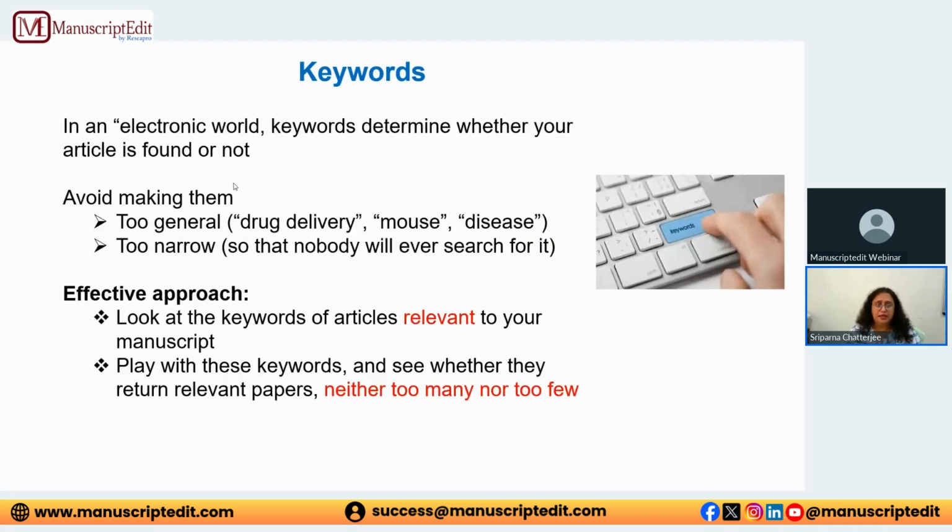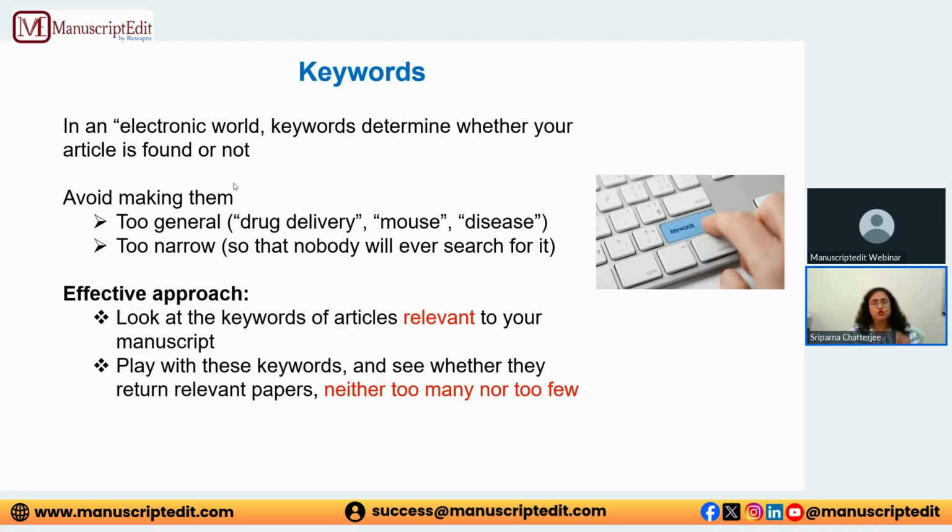And then keywords. Now sometimes we think, for what do we use keywords, do they have any use? See, the keywords are very important. In the electronic world of today, keywords determine whether your article will be found on the internet or not. In general, whenever we do something, we just Google.